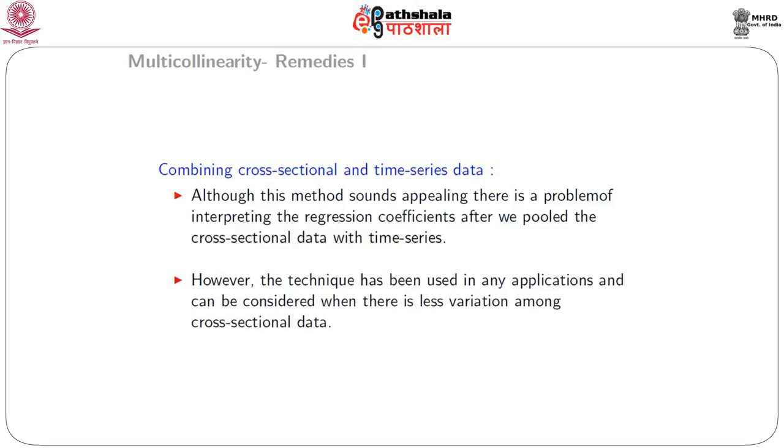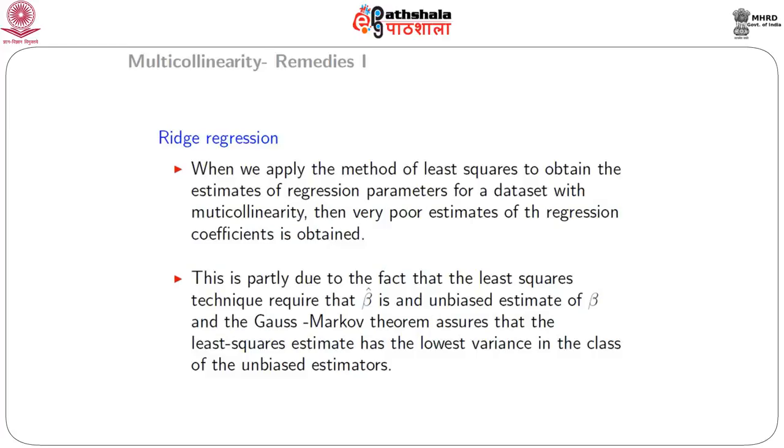So, due to the confusion of interpretation of the two data sets, the cross-sectional and the time series data, we avoid using this method as much as possible. However, the technique has been used in many applications and can be considered when there is less variation among cross-sectional data.